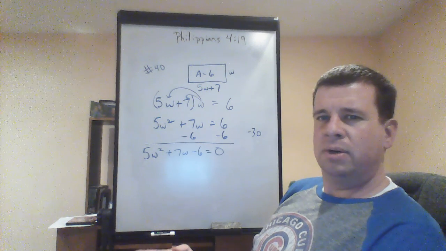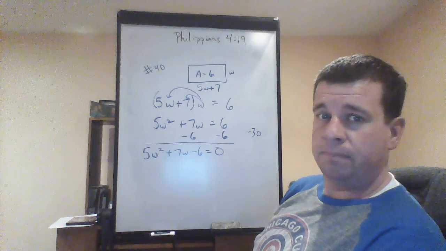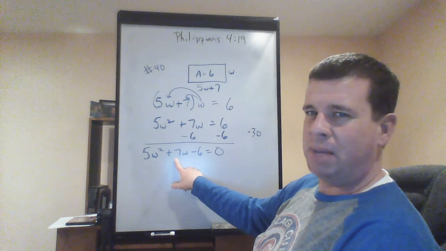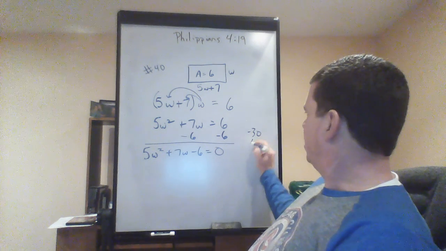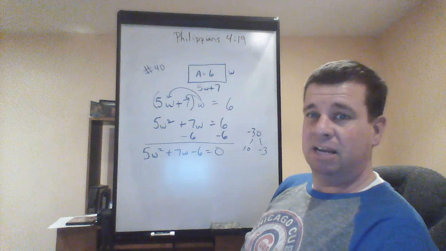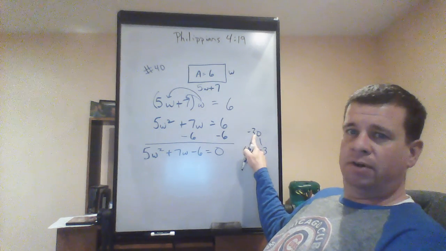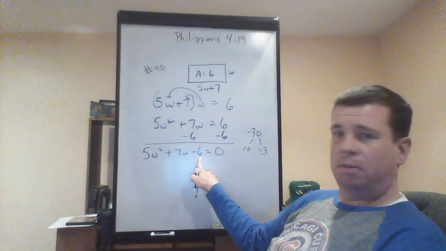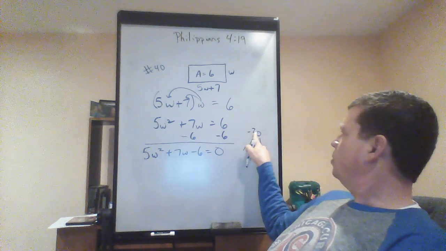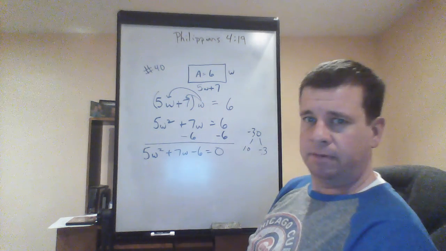So 15 and 2 won't do it. 6 and 5 won't do it. 10 and 3 will. And if I want them to add up to positive 7, that's going to have to be a positive 10 and a negative 3. Those multiply together to give me negative 30, and they also add together to give me 7.